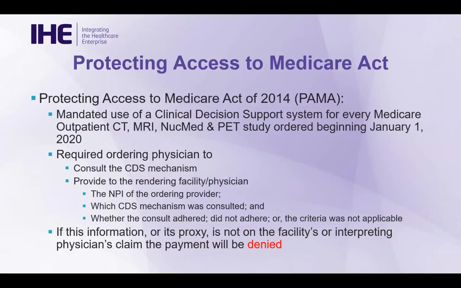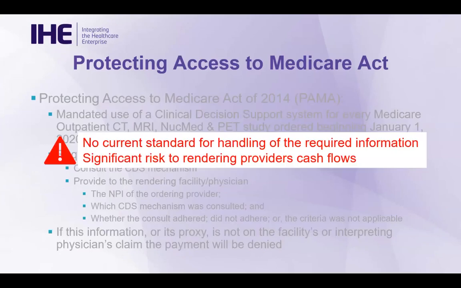For example, the MPI of the ordering provider, which CDS mechanism was being used, and the score, whether the consult adheres to the best practice, does not adhere, or does not apply, which Chris already mentioned. Those pieces of information are very important to make sure they are appropriately communicated from one system to another. Otherwise, no money will get paid, which is a huge problem.